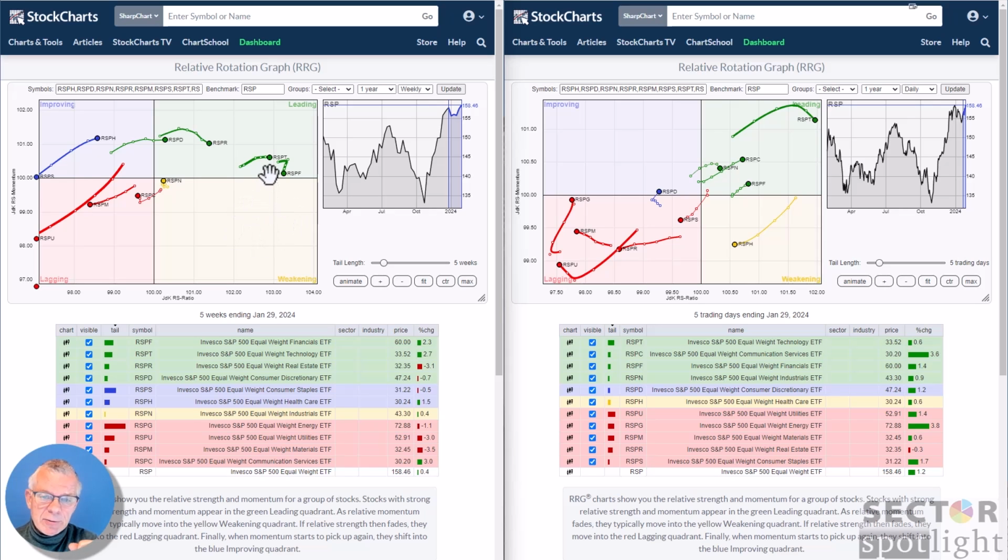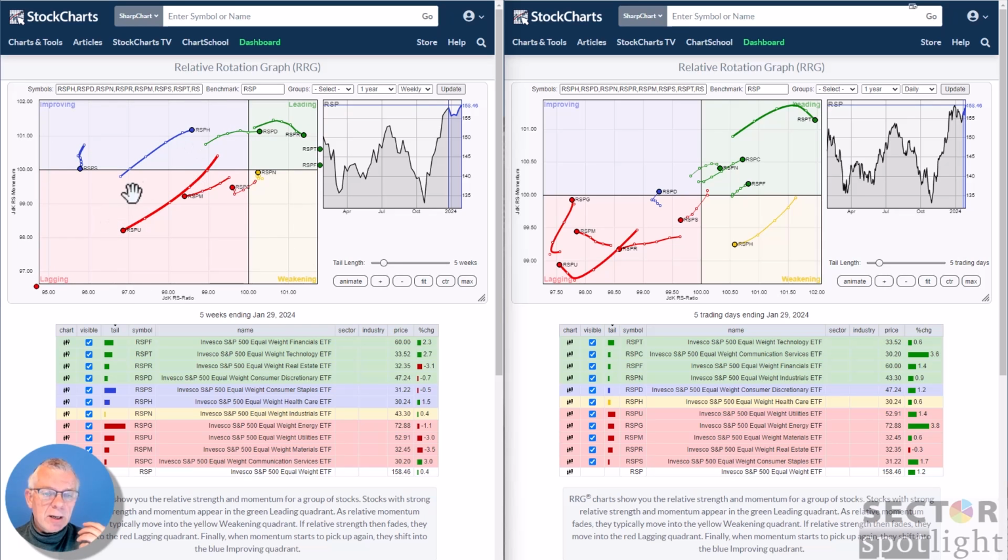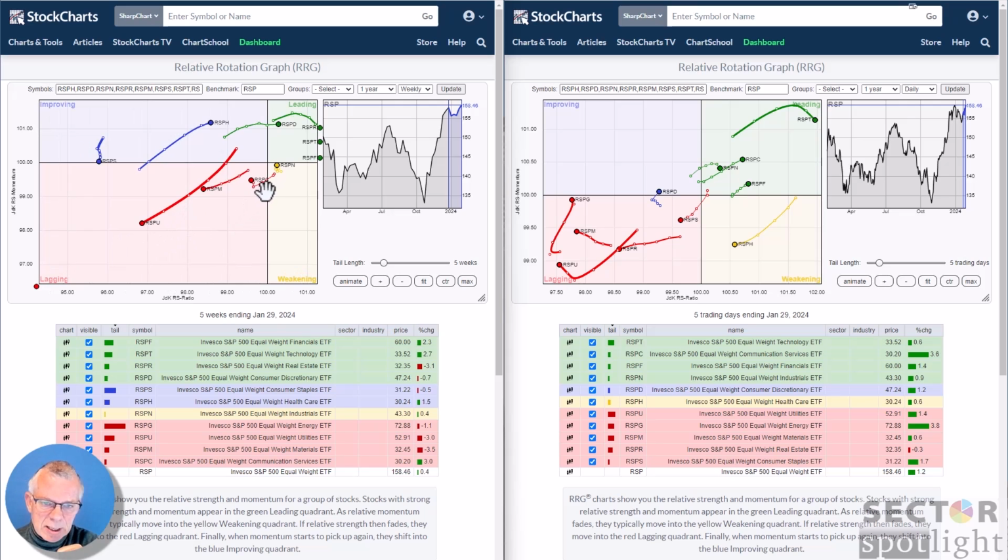And we have financials actually with the strongest RS ratio reading, but it's rolling over and losing a bit of momentum there. We've got healthcare solidly moving higher. It's the same direction as we saw on the cap weighted. And we've got utilities, materials, and this is RSPC here, that is communication services, moving into the lagging quadrant. That is also interesting. It's turning up, but it's not as good as the cap weighted.